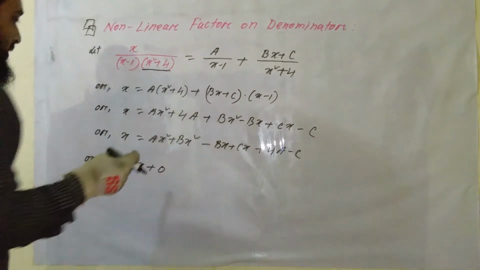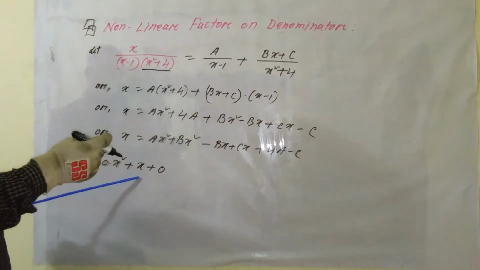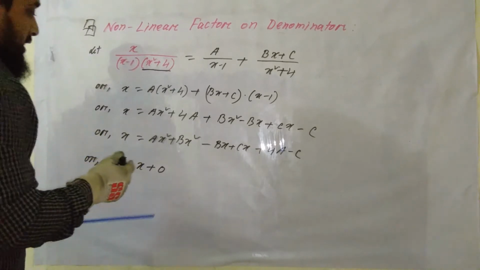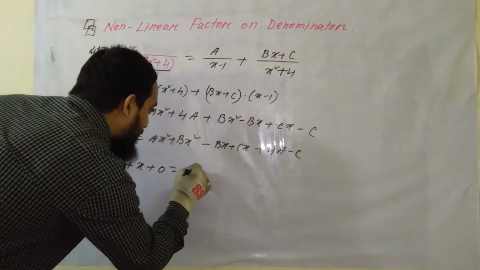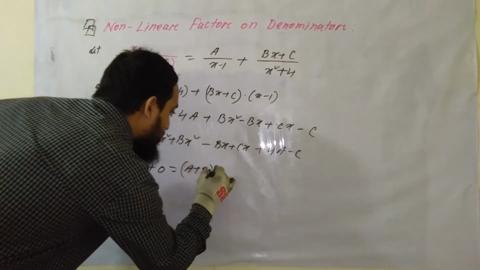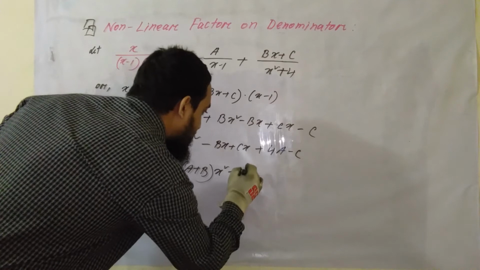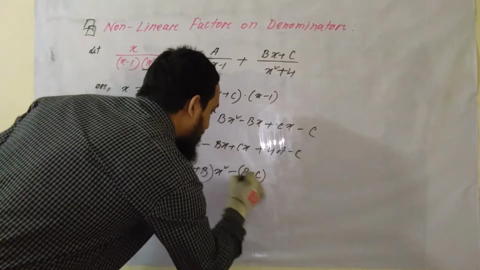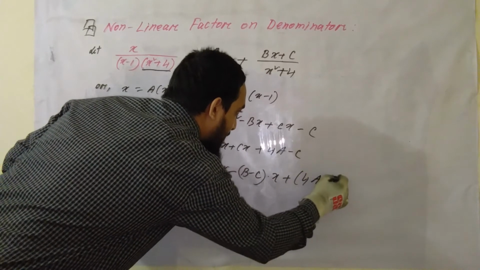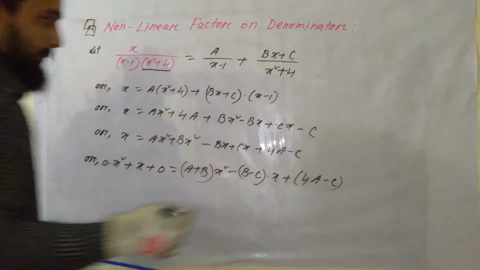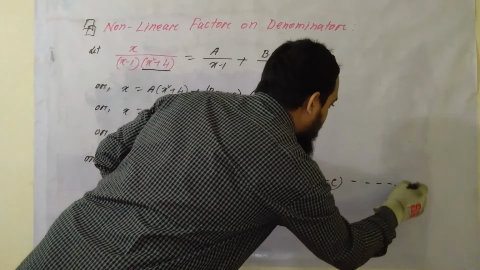In the previous problem the constant was nonzero, but this time the constant is 0. So if we take common, we have (a plus b) into x square minus (b minus c) into x plus (4a minus c). So this is our second equation.